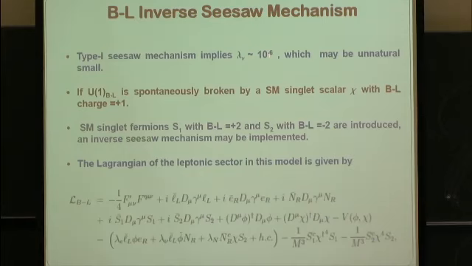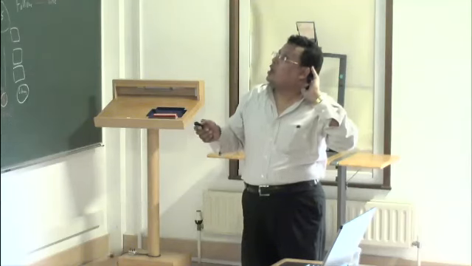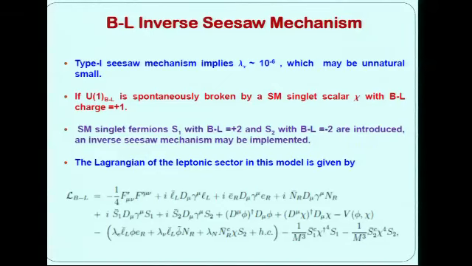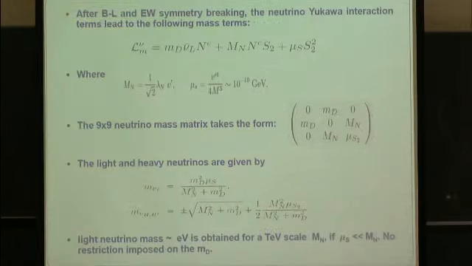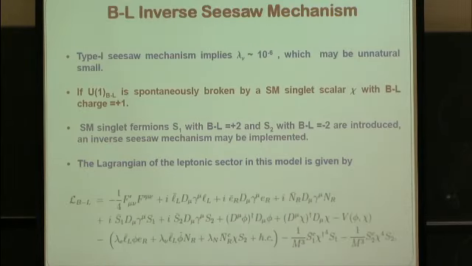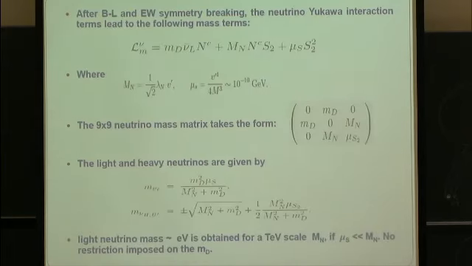So we could, for example, instead of the type 1 seesaw, consider what is called the inverse seesaw mechanism. You try to avoid the mass term of the right-handed neutrino, and you add another field, S, which couples with the right-handed neutrino, so that you construct this 3 by 3 mass matrix.